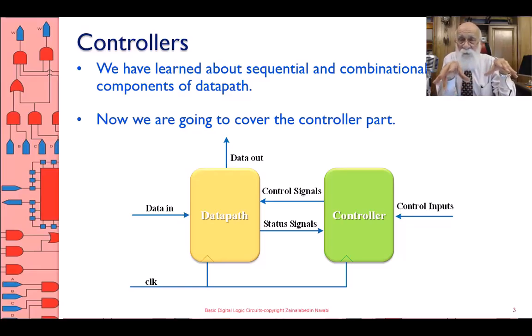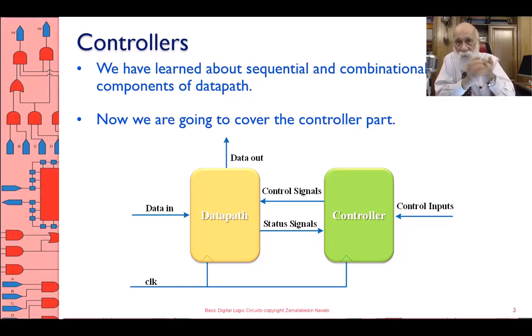And that's where the whats are done. Whats are done means that I'm adding. So this is what I'm doing. I'm adding, I'm storing, I'm counting, I'm shifting, and so on. And then there is a whens. When are these operations being done? And the whens are controlled by the controller of the system.